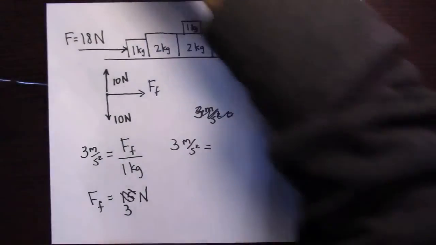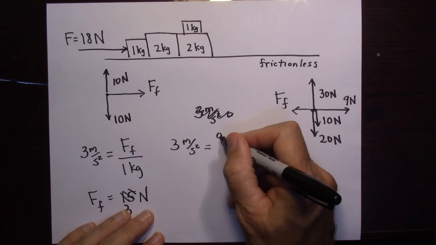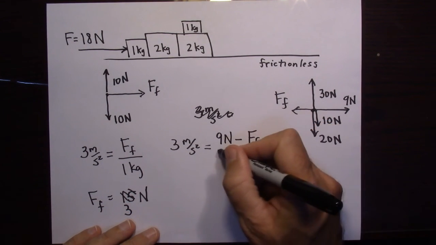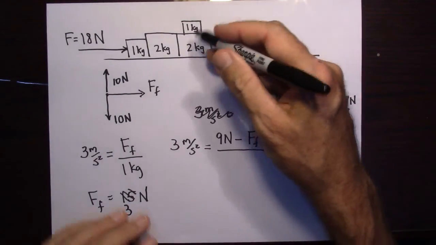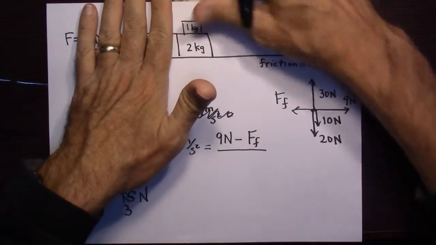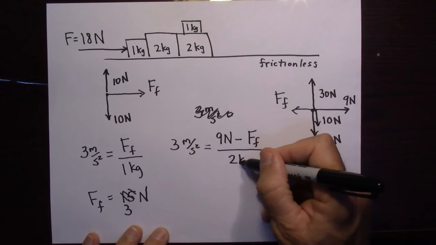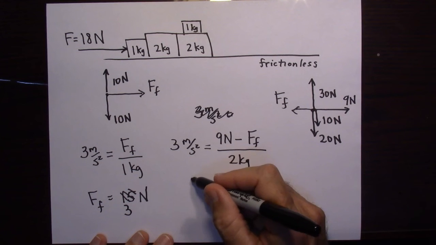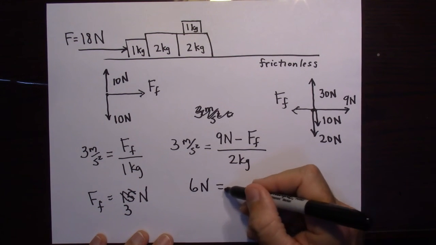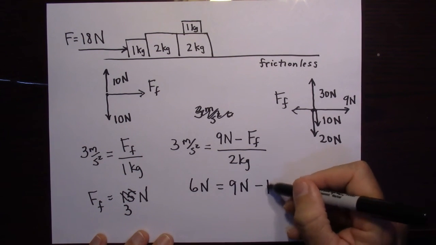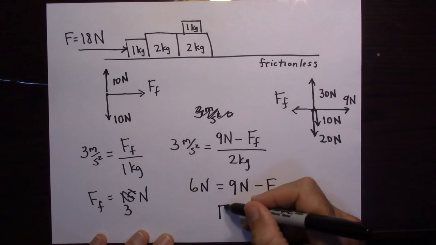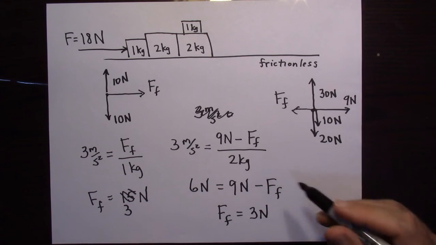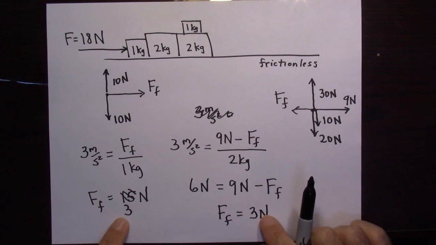So that's going to be 9 newtons minus the force of friction, and then I divide by my system's mass, which is 2 kilograms. If I multiply both sides by 2 kilograms, I get 6 newtons is equal to 9 newtons minus the force of friction. So the force of friction, when you solve for that, is 3 newtons. So both ways we got 3 newtons.